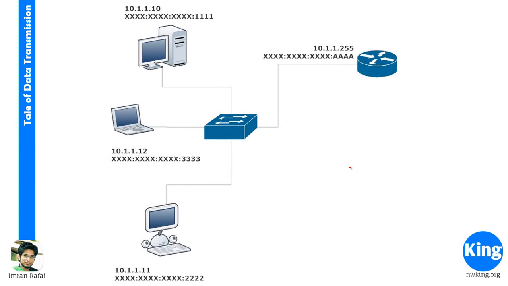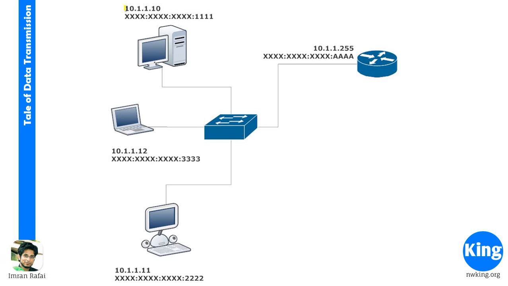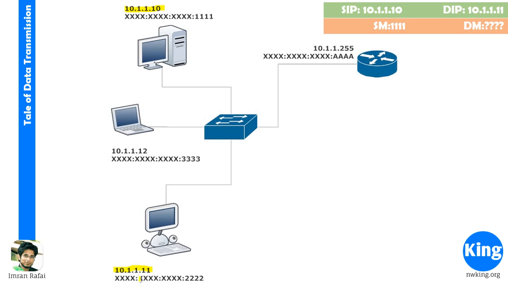Right, let's look at data transmission. Let's assume this computer has the IP address 10.1.1.10, and it wants to communicate with this computer, 10.1.1.11, right? Now if you know the OSI model, we know there are two address concepts. We have the IP address, the layer 3 address, and then we have the layer 2 address called the MAC address.